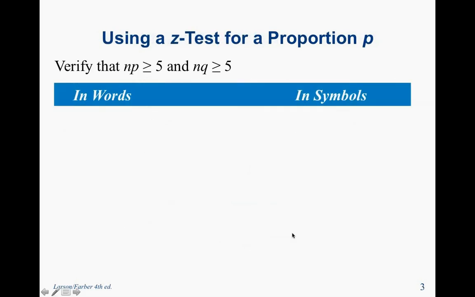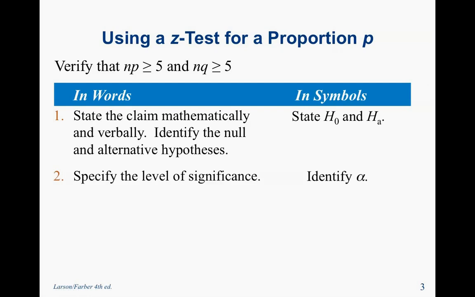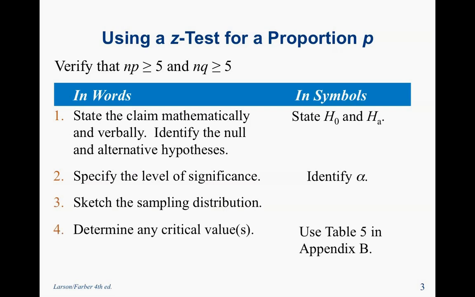So using a z-test for your population proportion, here are the steps that you need. First, verify that n times p is greater than or equal to 5 and n times q is greater than or equal to 5. Then state your claim mathematically and verbally, and identify the null and the alternative hypothesis. Specify the level of significance, which means identify alpha. Sketch the sampling distribution.